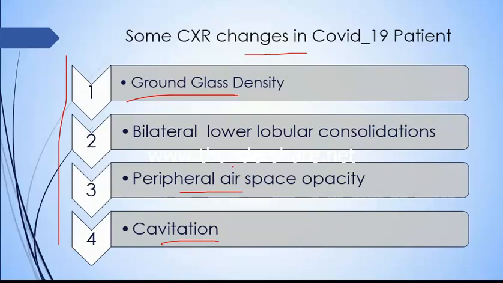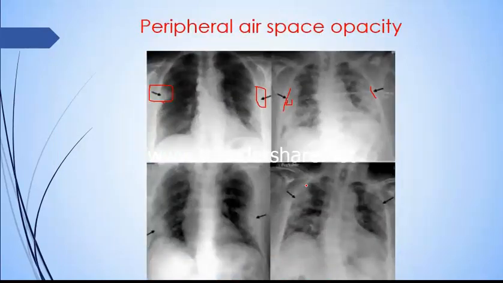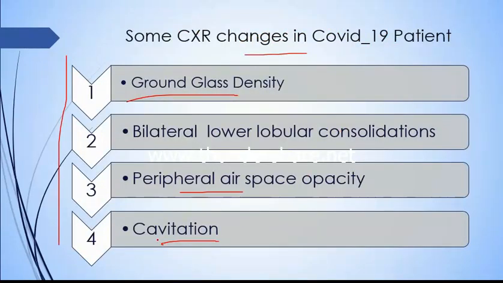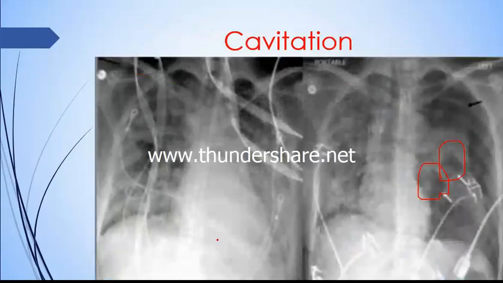The third thing is peripheral airspace opacity, which you can see here. And the last thing is cavitation in the chest X-ray of the patient.